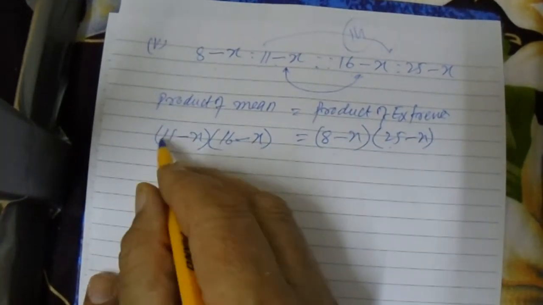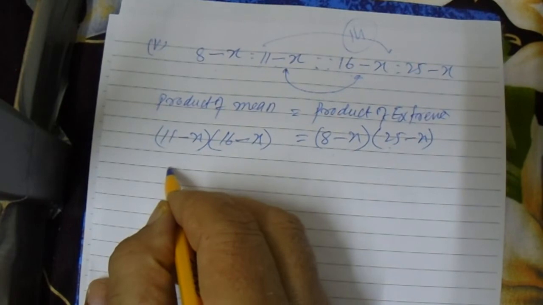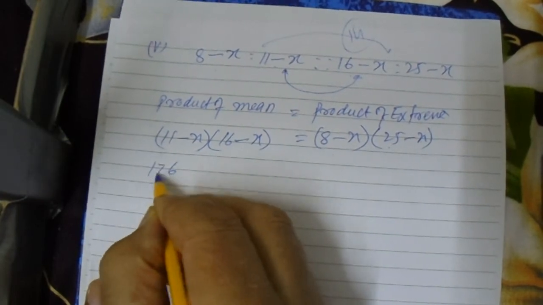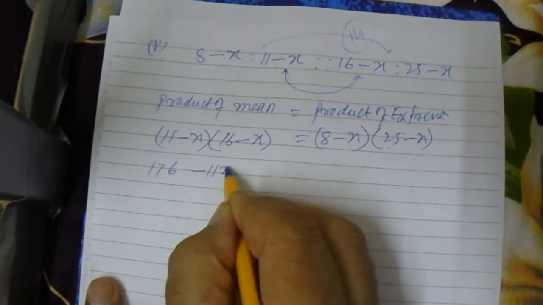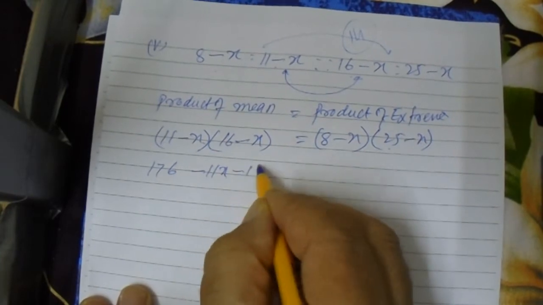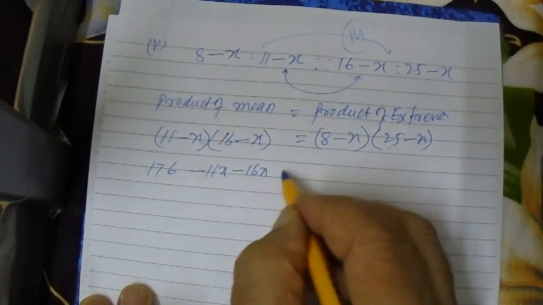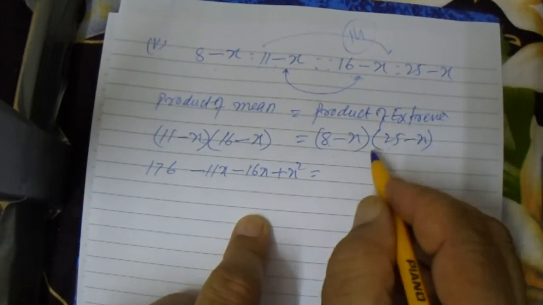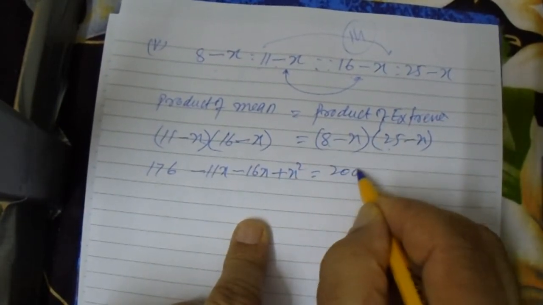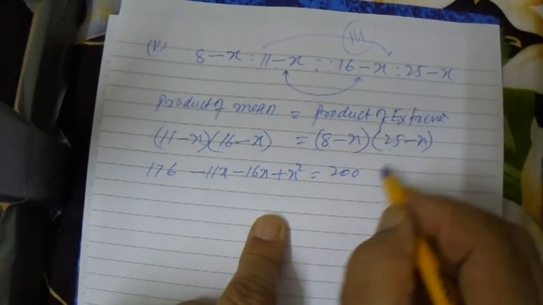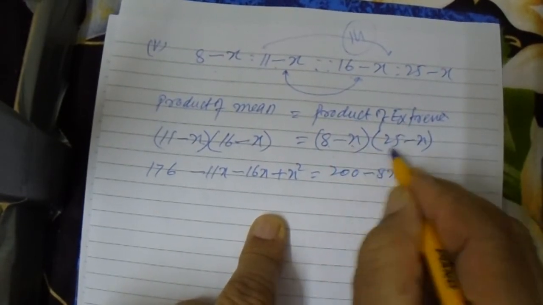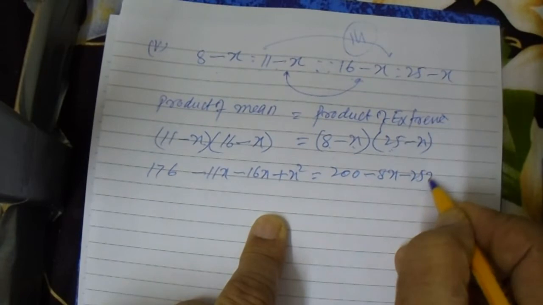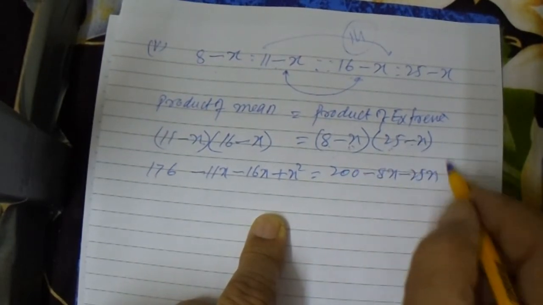We write this 11 sixes are 66, 176 minus 11x and this minus 16x and this plus x square is equal to 8 fives are 40, 8 25 is 200 and minus 8x and minus 25x and plus x square.